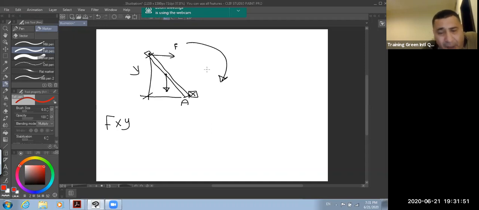It is resisted by another force giving another moment in the other direction. W makes another moment in this direction. Both of them should balance to zero. If this is not zero, that means this panel will move. But once it is equal to zero, it means what? Stable, equilibrium. As I told you, sigma moment at any point should be zero.